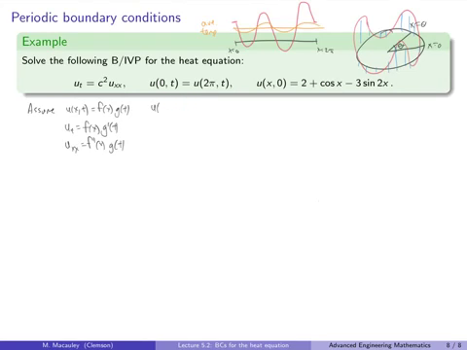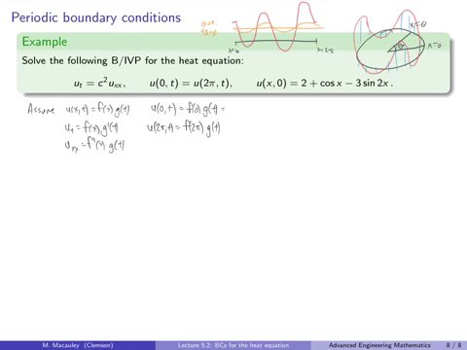So u of 0, t is f of 0 g of t, and that has to be equal to u of 2 pi, t, which equals f of 2 pi g of t.